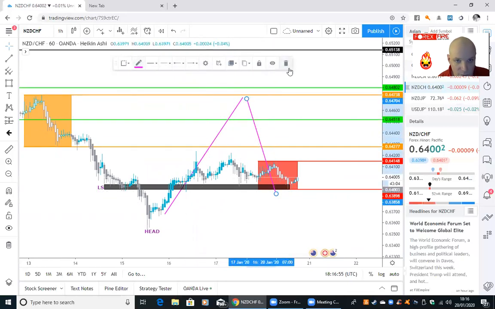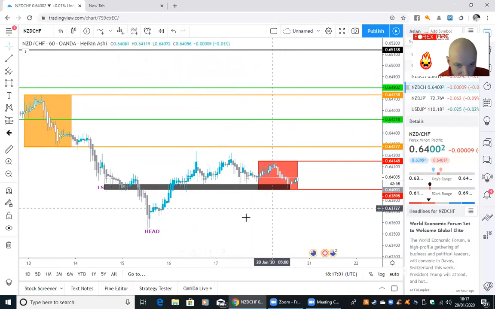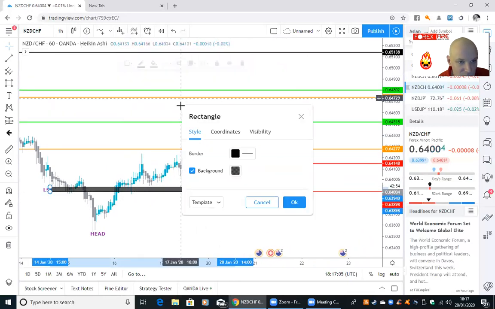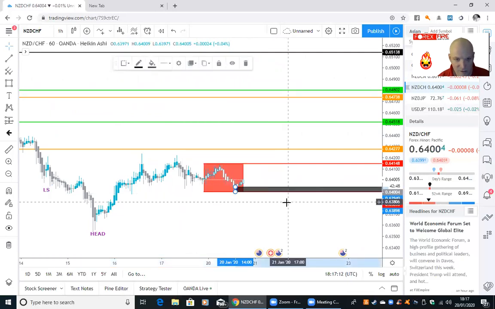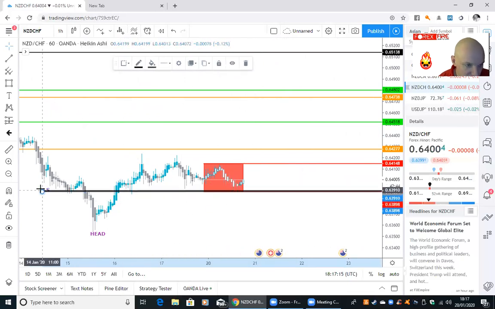However, what I'm going to do, okay, I'm going to, it's on the coordinates 0, 0, 0, 0. And I'm going to move this along to the highest point there.